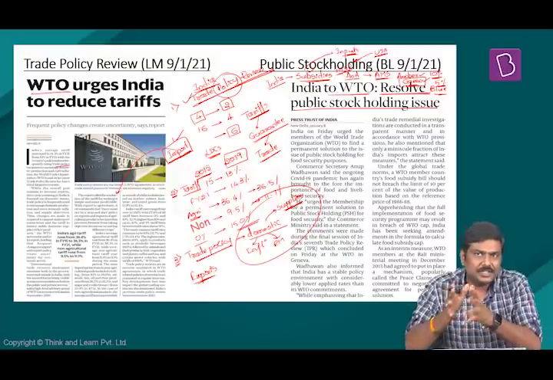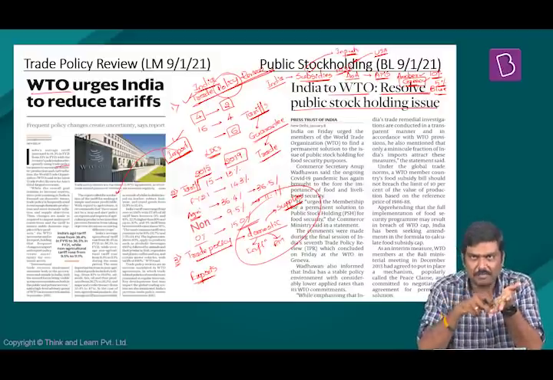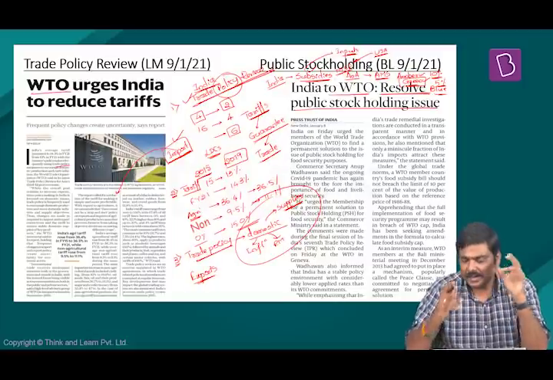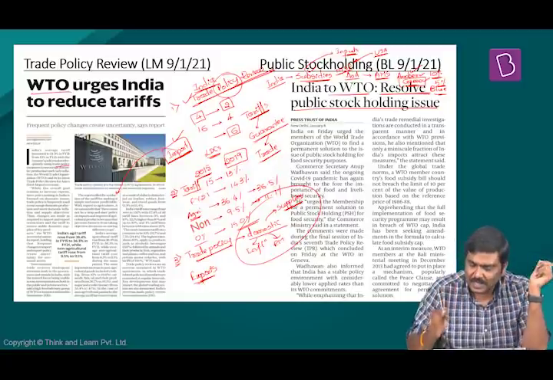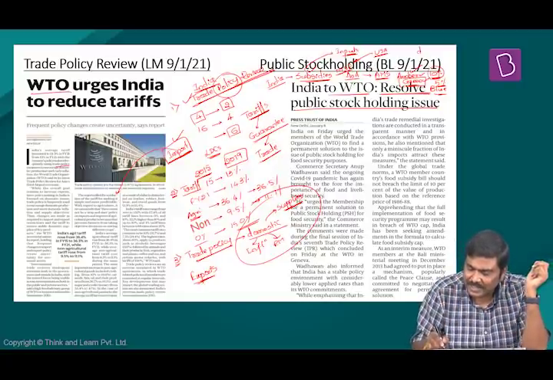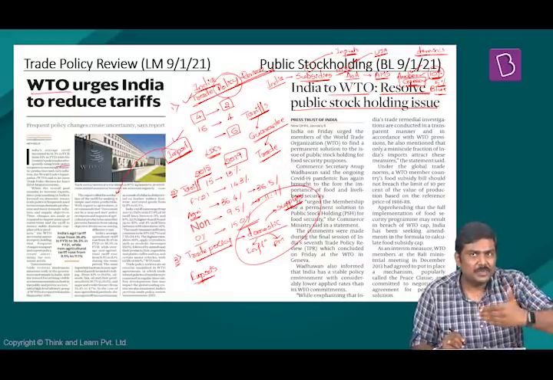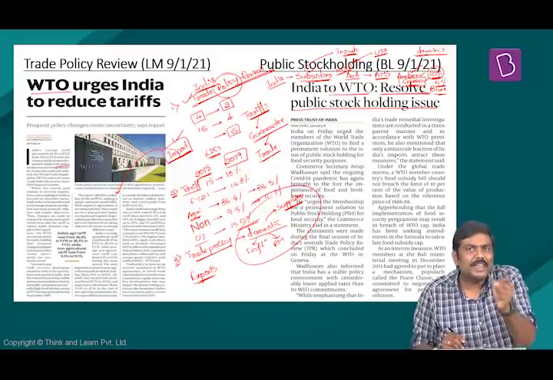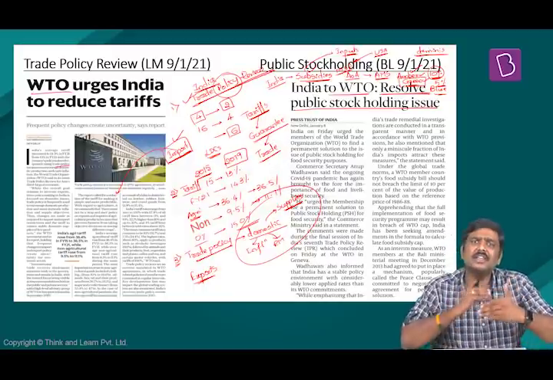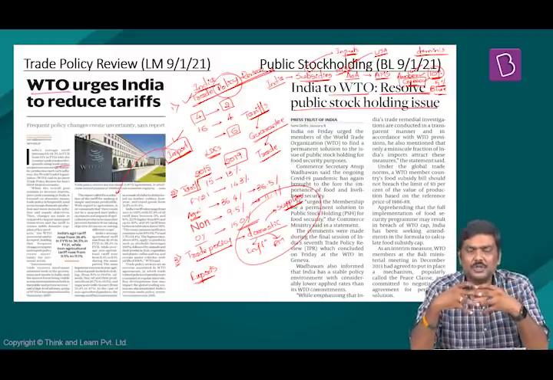The USA's contention is that when the Government of India provides input subsidies as well as MSP, it is violating this provision under the Agreement on Agriculture. That limit is called the de minimis level. So the Government of India is violating this 10% ceiling. And against this, the USA wants to drag India to the WTO, and in fact it has raised this issue many a time.